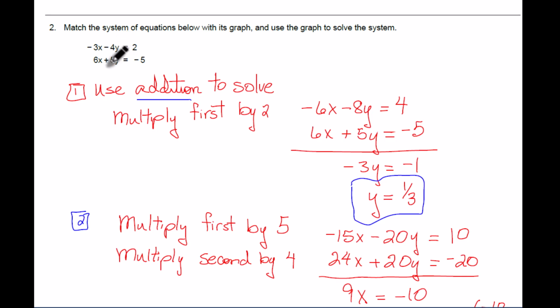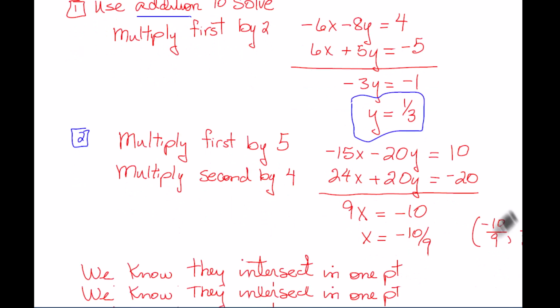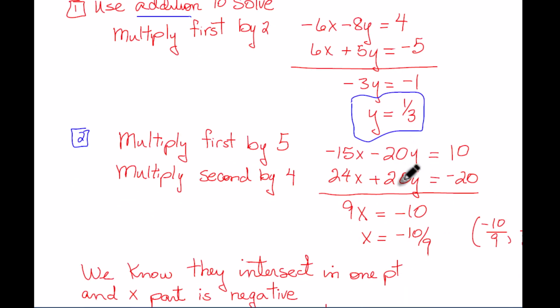This one by 4, I'd get a plus 20. So when I add them up, I would get 0 for the y's, but I still have some x's. So I multiply the top one by 5, second one by 4. So because this is a minus, that's a plus. When I add them up, they go away.